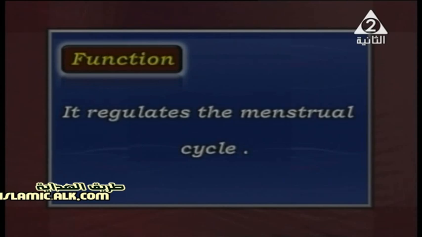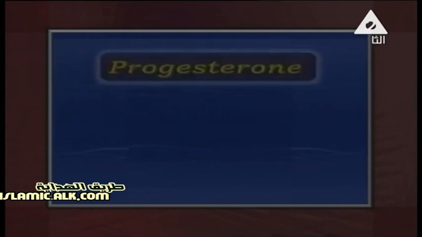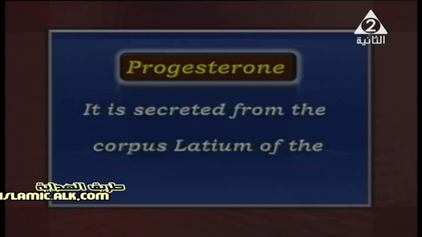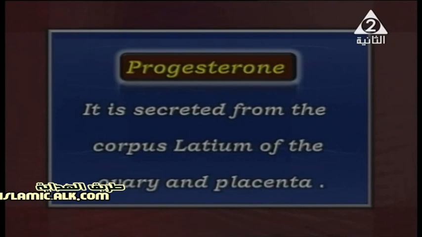And what else do we have? We have the progesterone hormone, which is secreted from the corpus luteum of the ovary and the placenta. The placenta is a part that connects the mother and her baby.